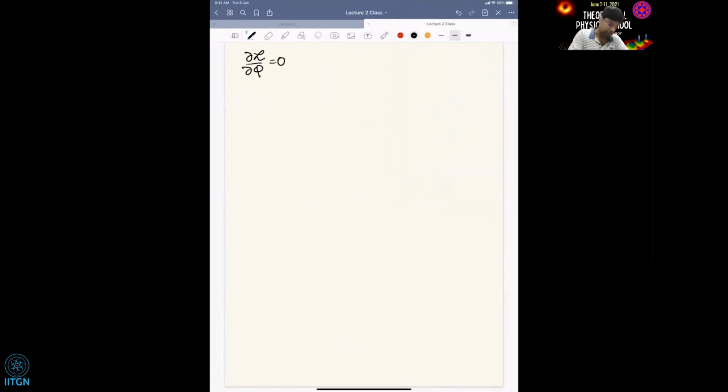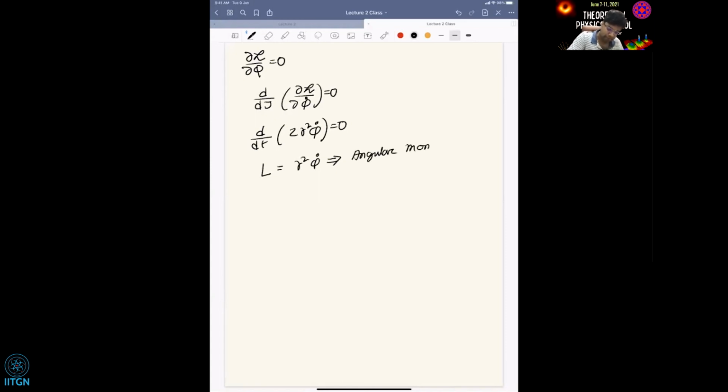If you calculate that conserved quantity, by the Euler-Lagrange equation, d dt of del L del phi dot equal to 0, which is d dt of 2 r square phi dot equal to 0, and therefore we define L equal to r square phi dot. We call it angular momentum, or per unit mass actually, which is constant.